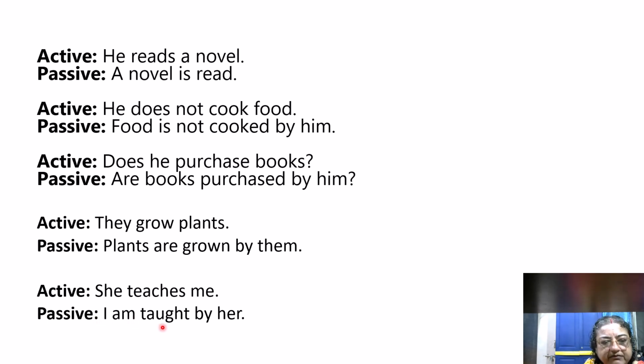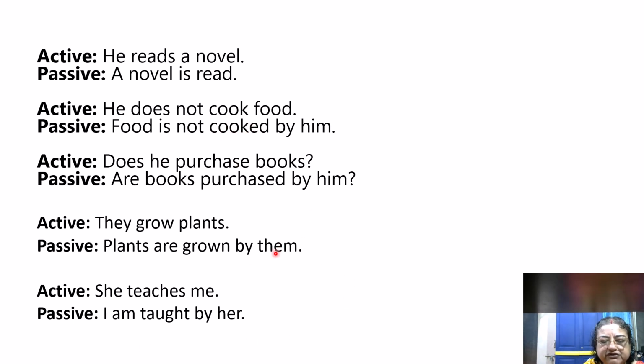So: I am taught by her, where taught is the third form of the verb teach. Grow, grew, grown: grown is the third form. Purchase, purchased: third form. Cook, cooked: third form.